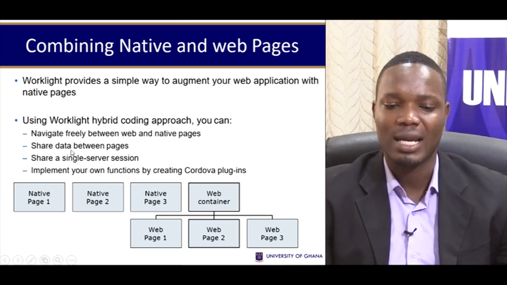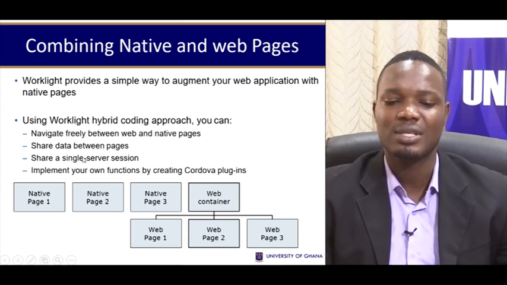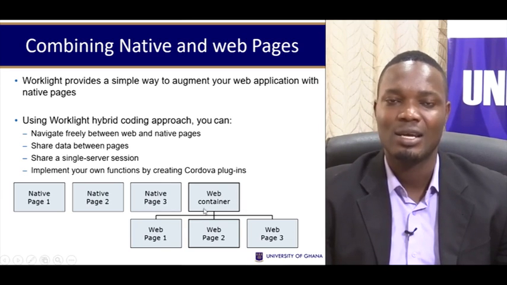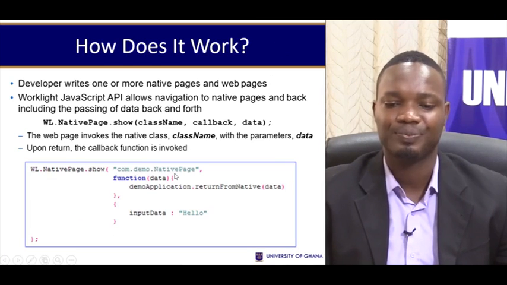By using the Worklight hybrid coding approach, we can navigate freely between web and native pages. We can also share data between these pages, and they can share a single server session. So if through our web pages we have connected to some server, we can share that session with our native page also. We can also implement our own functions by creating Cordova plugins.